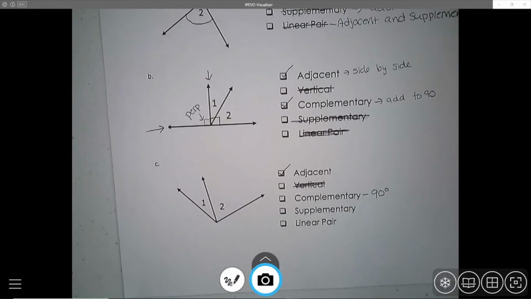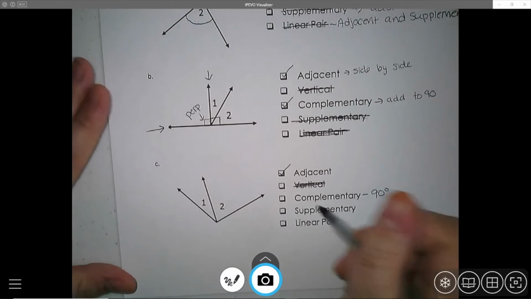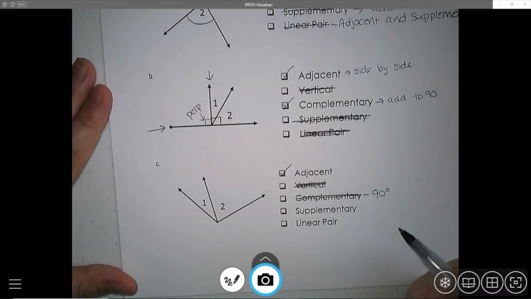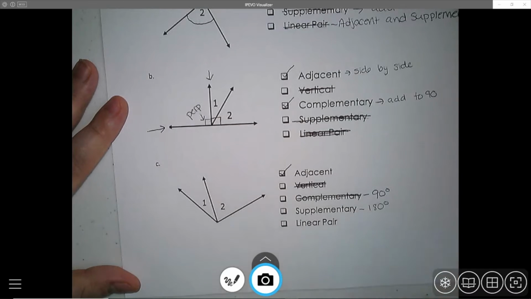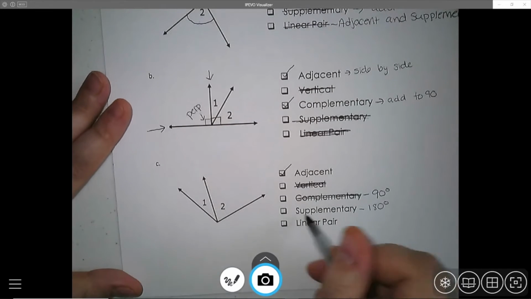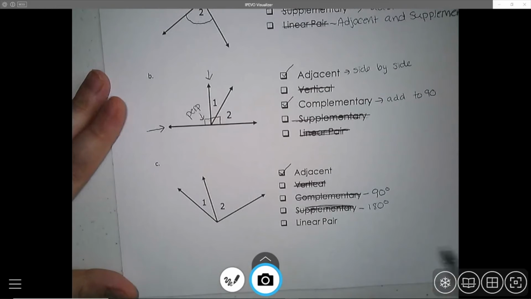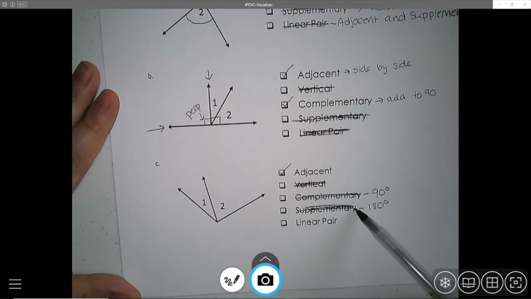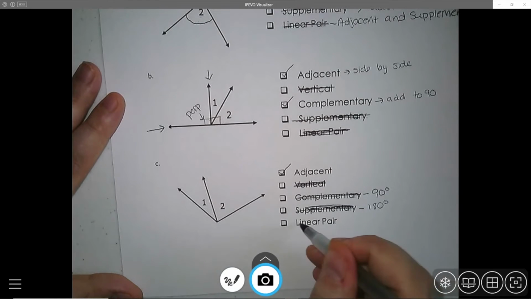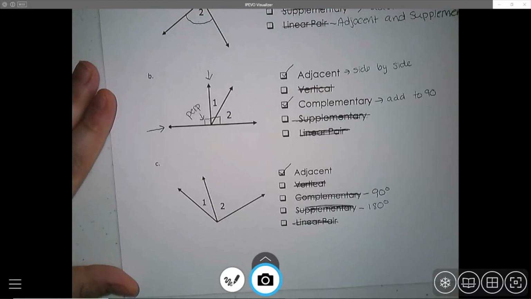No. I don't see the box, nor do I see the angle measures that allow me to check for it to add to 90 degrees. Okay, are these supplementary? Do these add to 180 degrees? Do they look like a straight line? No. Okay, and then linear pair. It is adjacent, but it wasn't supplementary, so it's not a linear pair.